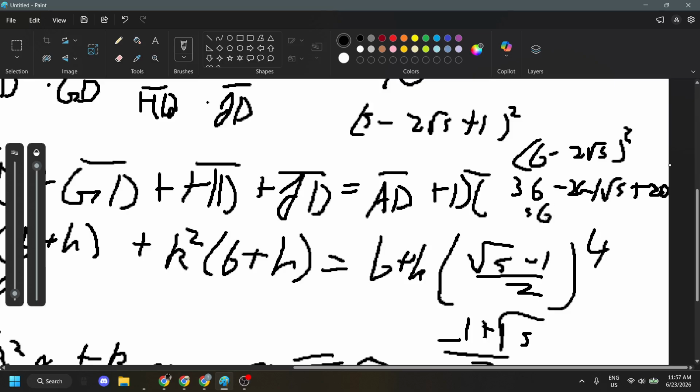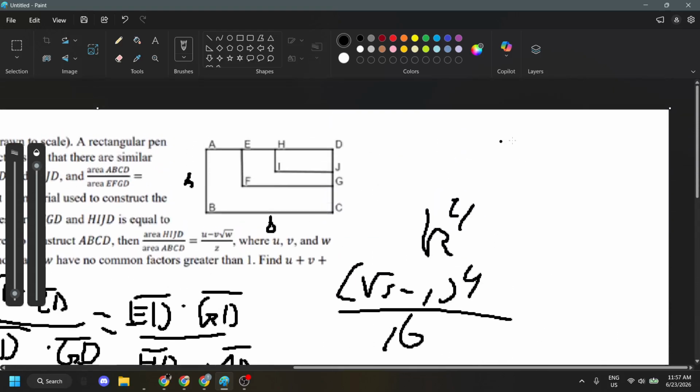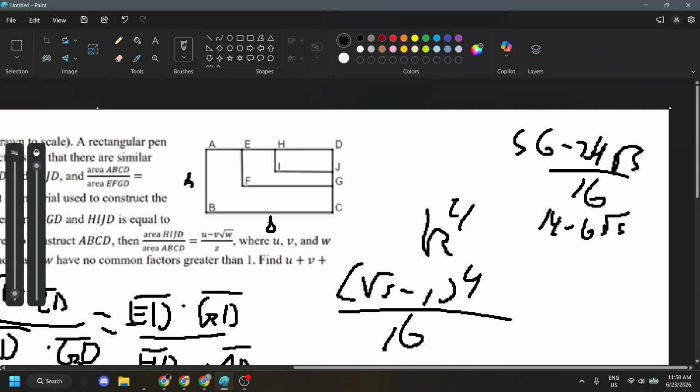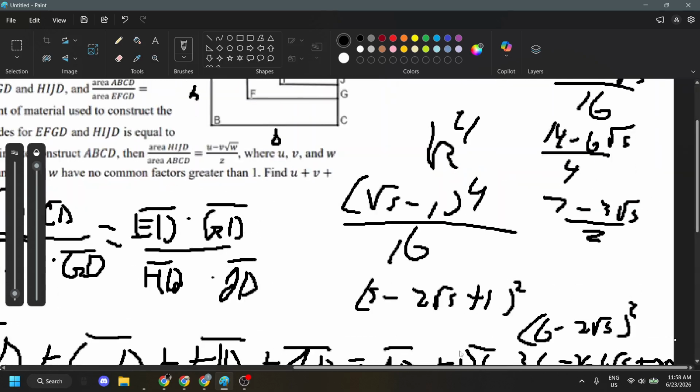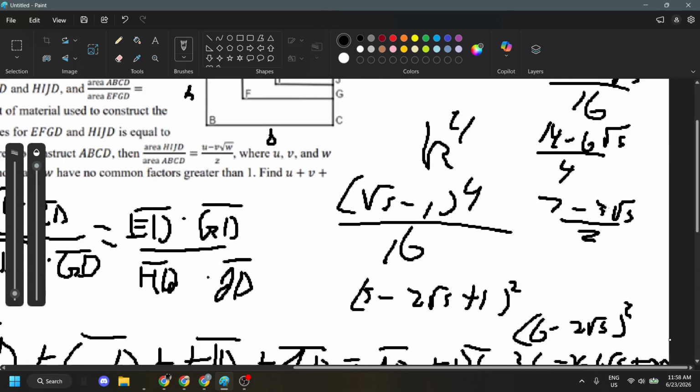So we get 56 minus 24 root 5 over 16. These both share a factor of 4, so this is 14 minus 6 root 5 over 4. Oh, they also share a factor of 2. 7 minus 3 root 5 over 2. The sum of all of these, 7 plus 3 is 10, so 17 should be our answer.